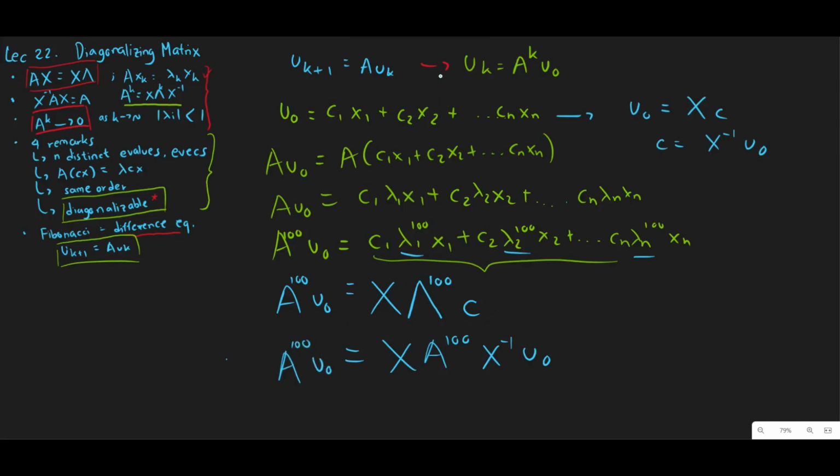Or if you want to be more general, you can have A to the k u0 is X Lambda to the k X inverse u0. Okay, so this is the important formula that is also mentioned in the book.